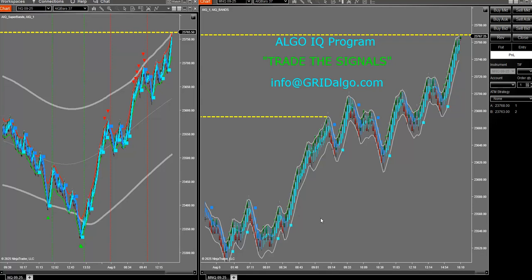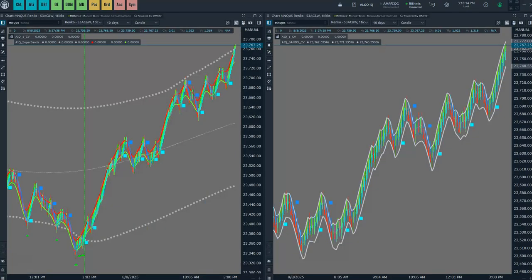Now we're going to move into, when you get the signals, how to have your brackets set up, whether you're on ATM brackets or maybe you're on Quant Tower and you're going to trade the left-hand chart or right-hand chart signals with bracketed trade entries.